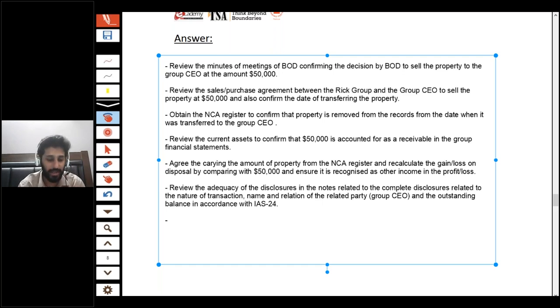So you can even conduct a market survey. So you will be obtaining the estimate of the fair value, right?